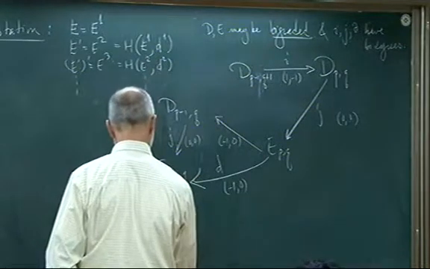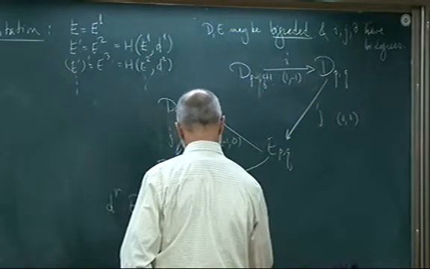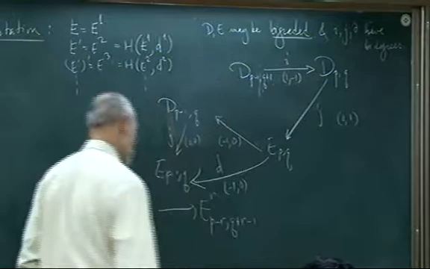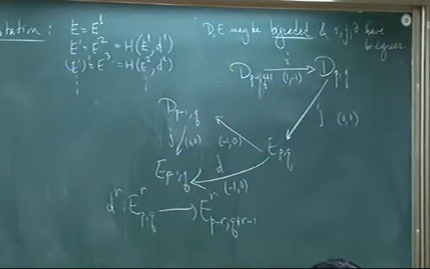which will go from some PQ, will go to P minus R, Q plus R minus 1. And you get that by doing a chase through things, just by counting things up.